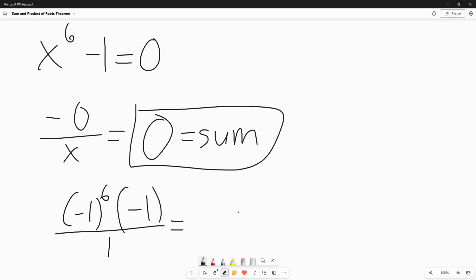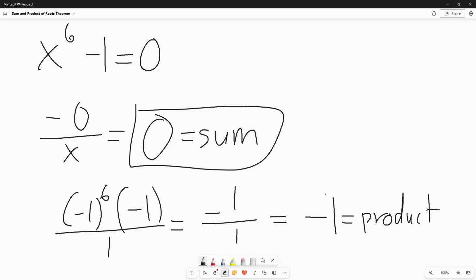And negative 1 to the power of 6 is just 1. So 1 times negative 1 is negative 1. So negative 1 over 1, which is equal to negative 1. And that is the product. And notice how, even if x to the power 5, x to the power 4 aren't written, we can still figure out what they would be because they would just be 0 since they don't exist.